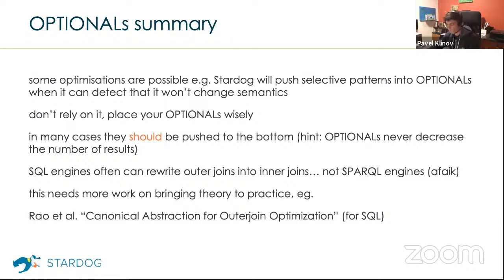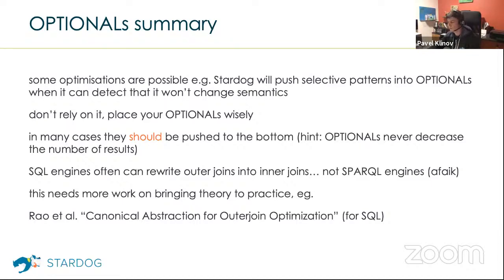So this is one area where SQL optimizers have a lot of advantage compared to SPARQL optimizers. One of the well-studied optimizations in the SQL world is rewriting outer joins into inner joins. For example, if the optimizer knows that there are foreign key constraints, so that there must be rows in the linked table, they can rewrite outer join into inner join, and the results will be preserved.